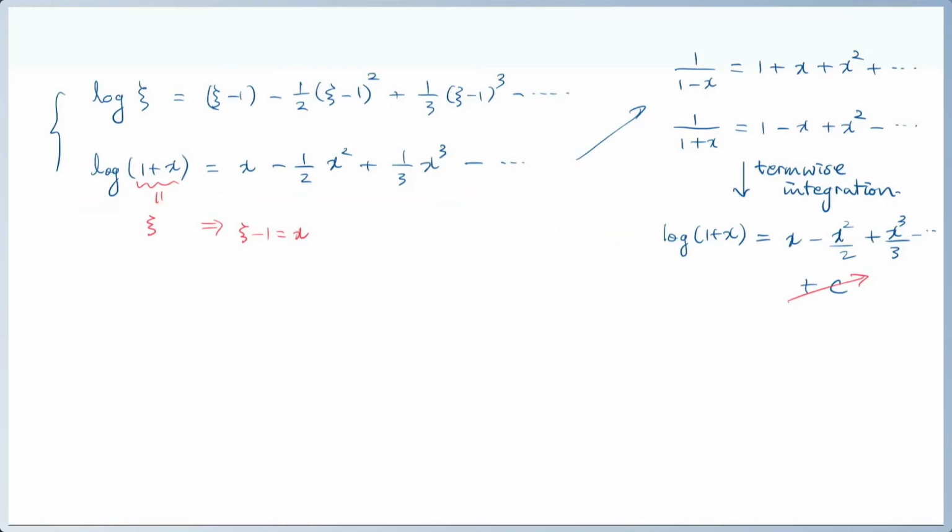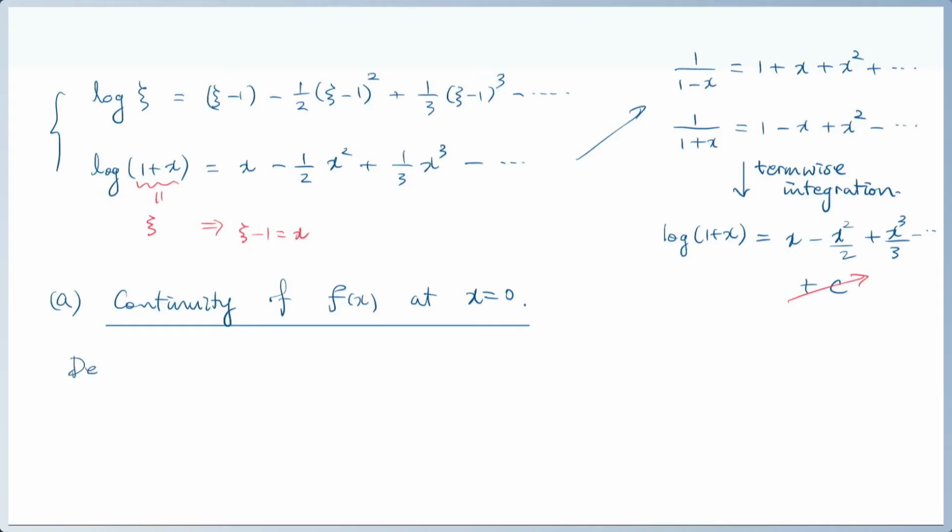Now let's establish the continuity of the given function f at x equals 0. What does it mean for a function to be continuous?